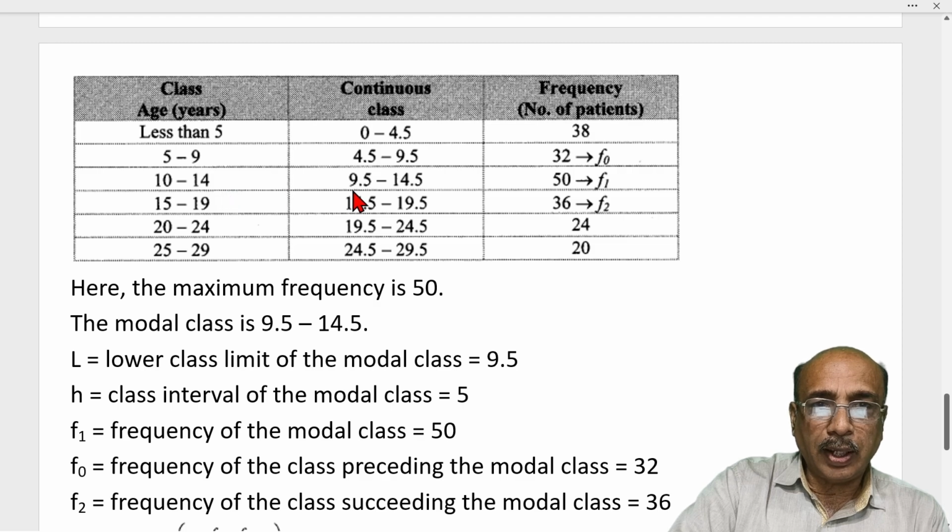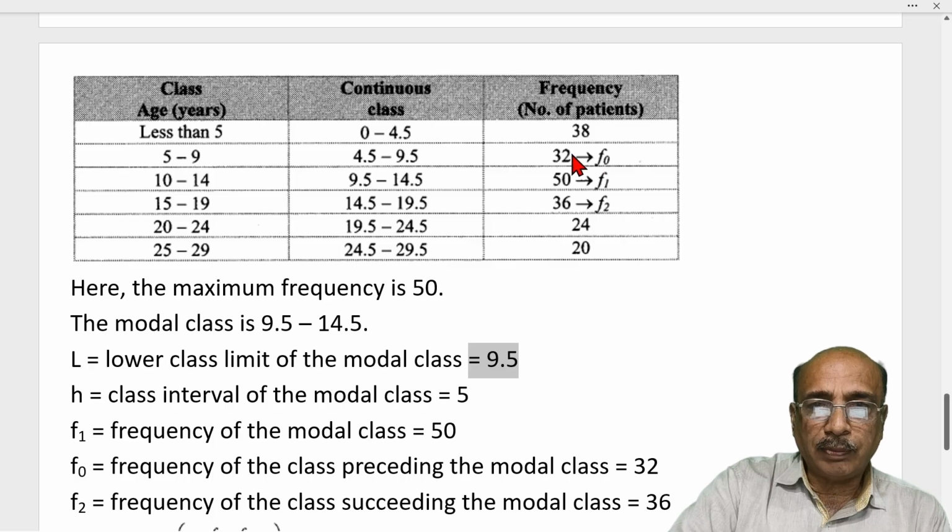L equals the lower limit of the modal class in the continuous classes, so 9.5 is the lower class limit of the modal class. The width is 14.5 minus 9.5, of the continuous class, so it will be 5.